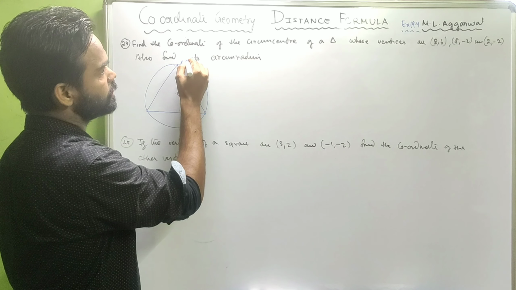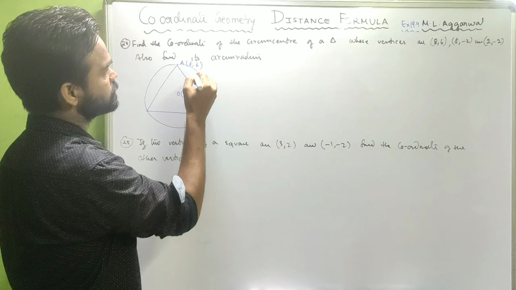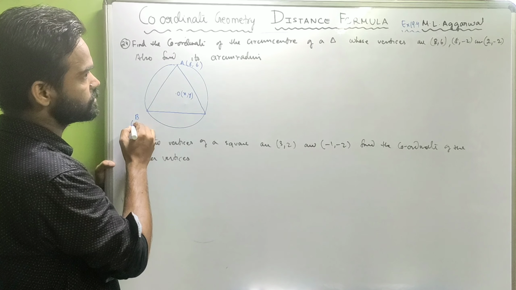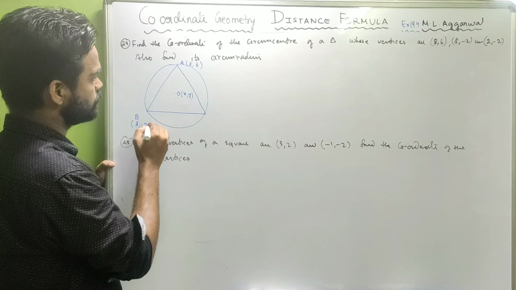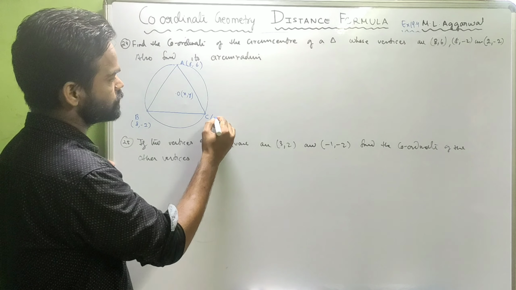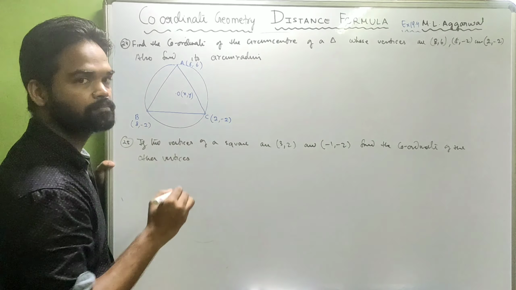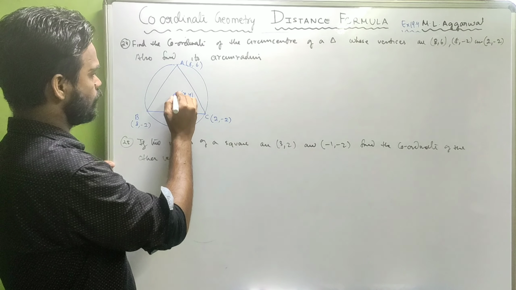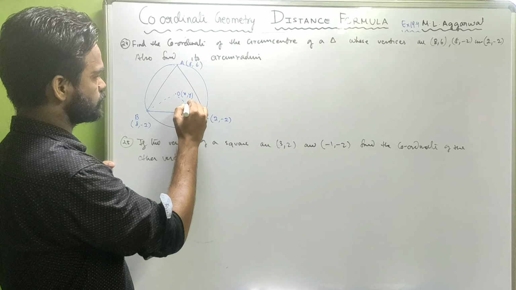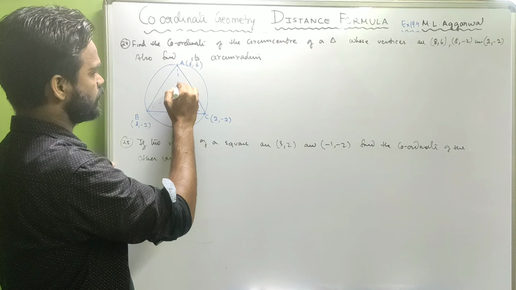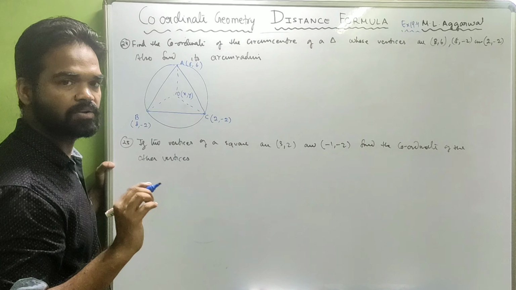Your A is (8, 6). Your B is (8, minus 2). And your C is (2, minus 2). Now we know OB and OC and OA are the same length. That's the radius.